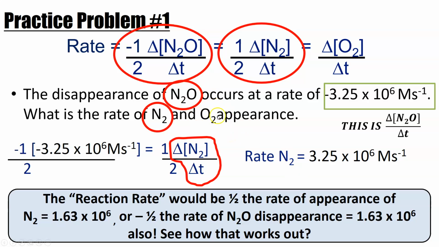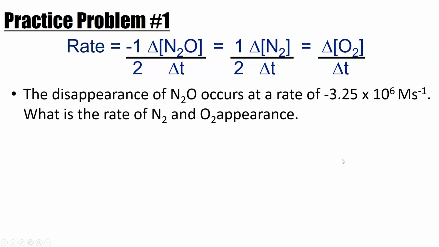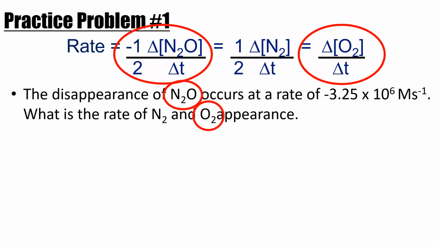Now let's do the oxygen part. Same rate expression, same questions, same information given to you. We're still using this expression piece, but now we're going to use the oxygen part. Remember, this number right here is delta over delta. I've got to plug it in just like it was a variable.